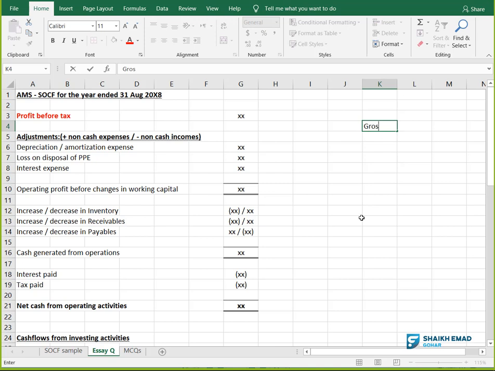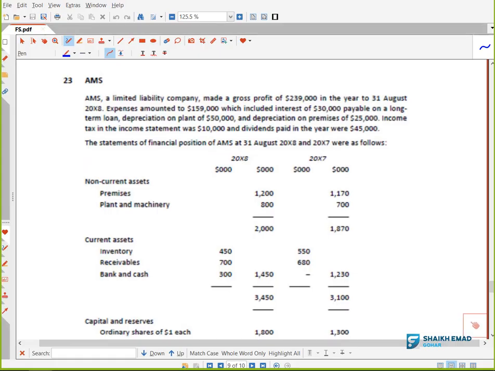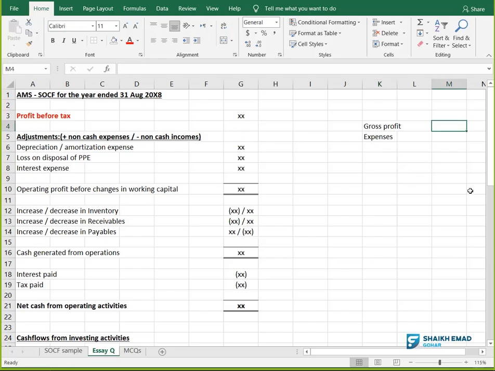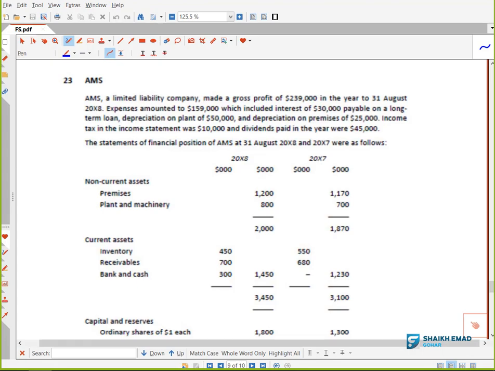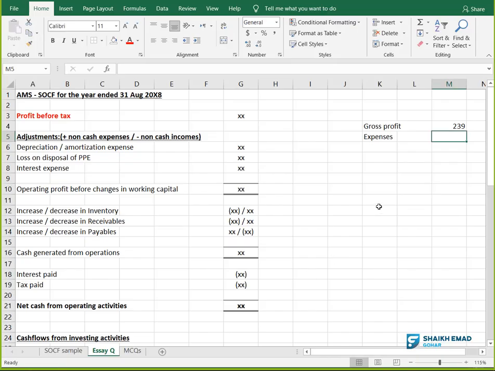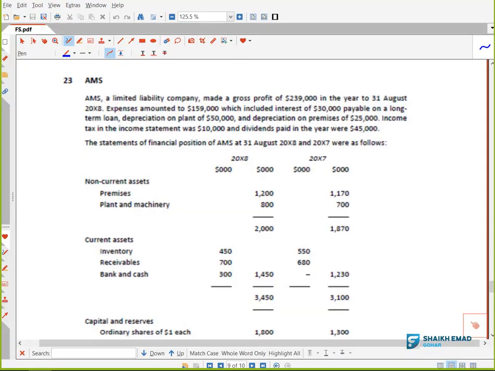They told you there is a gross profit, then there are some expenses, right? So gross profit was 239,000. I am working in thousands. So expenses are 159. Then within the 159 there is a breakup which includes interest of 30, depreciation of 50, depreciation of 25.